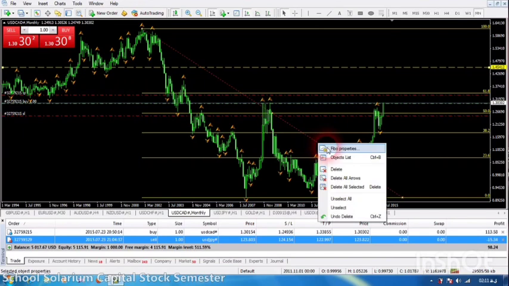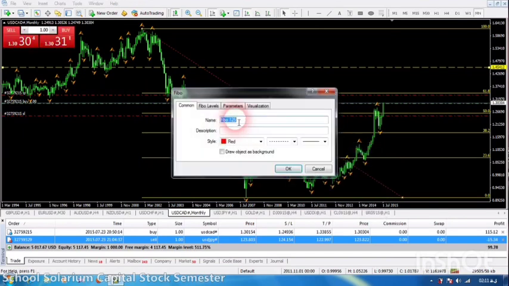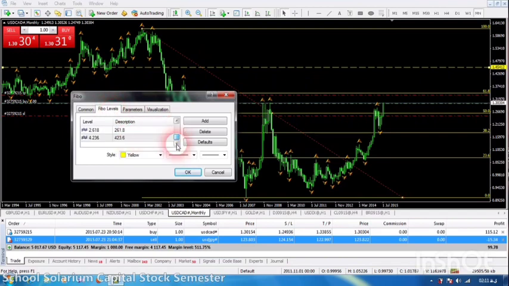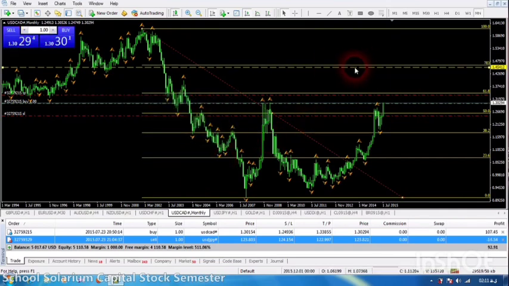Let's go back to our Fibonacci. I don't remember it exactly, but I think we can add those two levels to our Fibonacci chart. 0.78, if I'm not mistaken. Yes, that was correct.